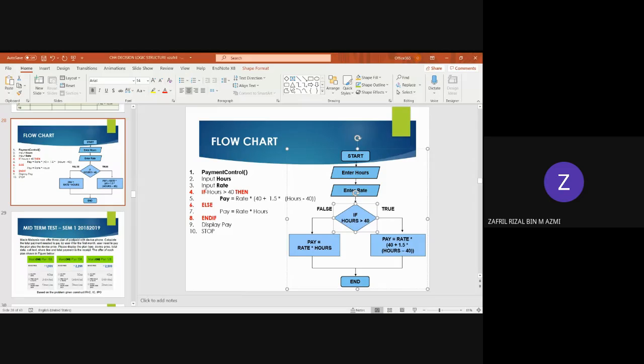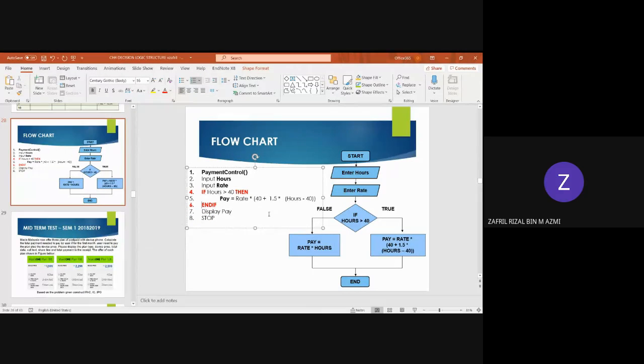Because we must consider the else over here. In the algorithm, if we have two conditions, we must use if else. If we have only one condition, there will be no else. Faham? So takkan ada else ni lah, kalau one condition.